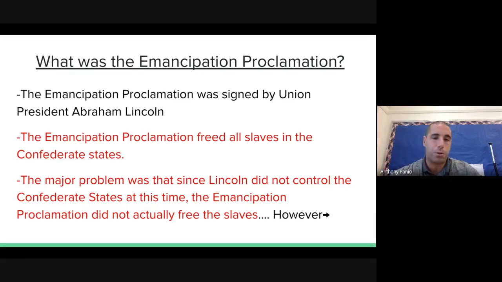He doesn't run their school. He runs this school. He could tell our school how to operate, but he can't tell another school. Or it's like our president trying to tell another country like China how they're going to run their country. It doesn't work that way. So essentially, this proclamation didn't actually do much in terms of freeing the slaves.